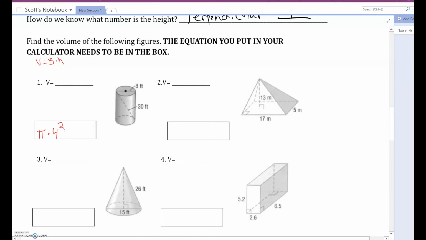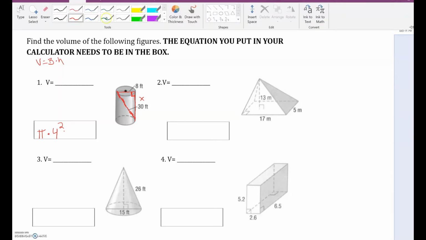Now, this height here is a slant. Think of finding the depth of a swimming pool: you're not going to do a diagonal depth. But if you notice, this makes a wonderful right triangle. To figure out that height, I can always use my boy Pythagoras.